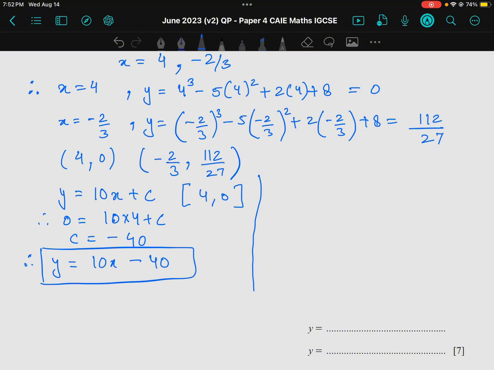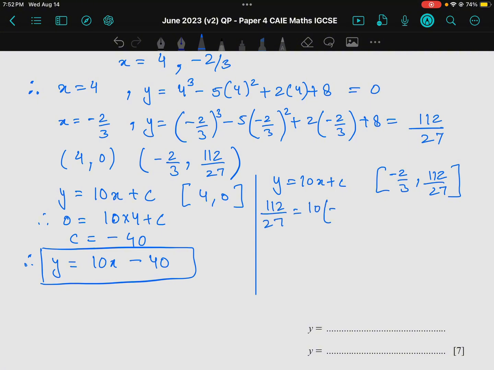And the second part, y equals 10x plus c, when it passes through minus 2 upon 3 and 112 upon 27, then the value of y is 112 upon 27. This is 10 multiplied by minus 2 upon 3 plus c. So from here the value of c is coming out as 292 upon 27.